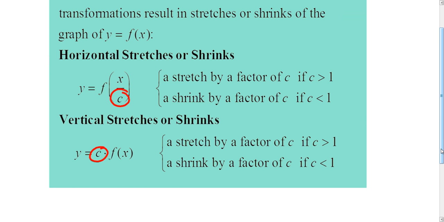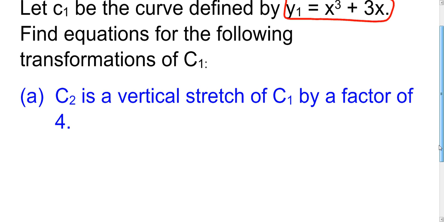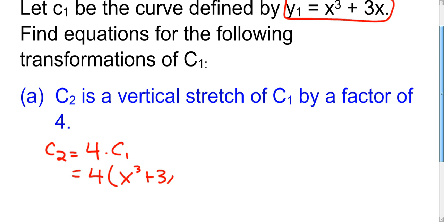So this is a vertical one. I want to stretch it by a factor of 4, which means I'm going to take 4 times the function, which in this case is 4 times x cubed plus 3x, which I can distribute through, and it'll be 4x cubed plus 12x.